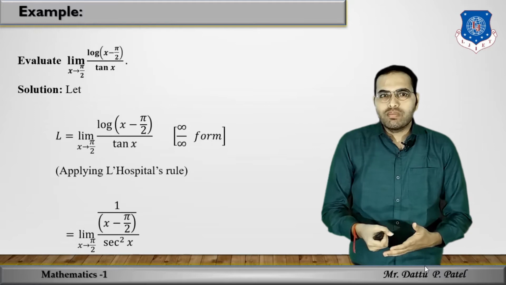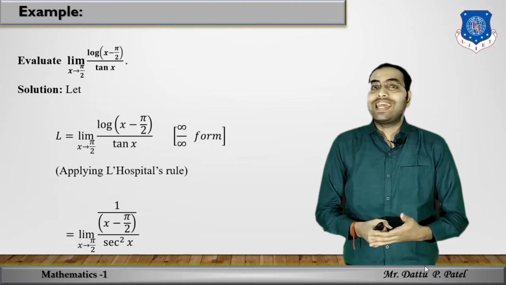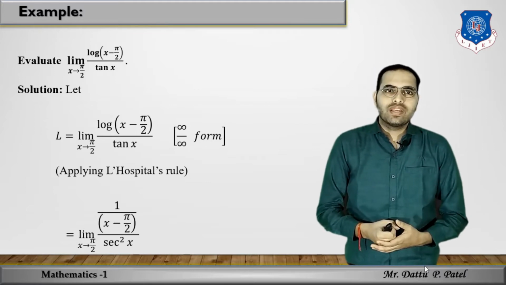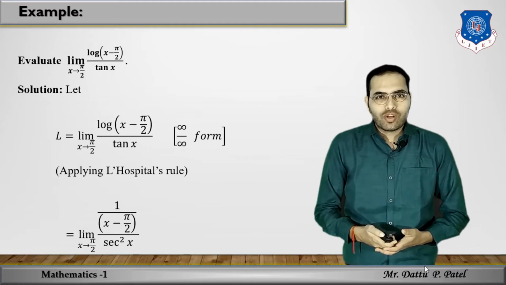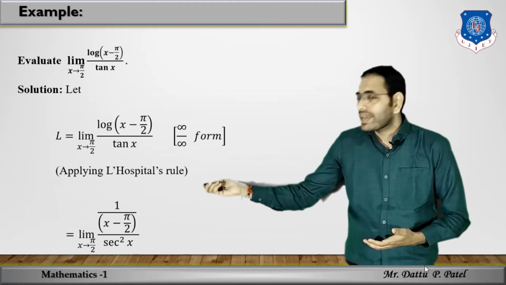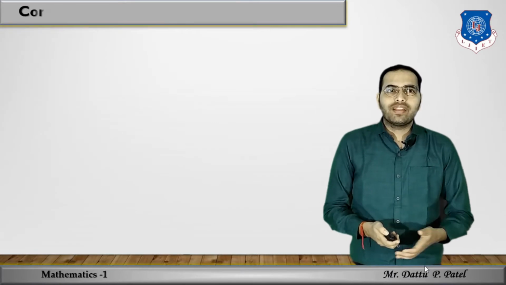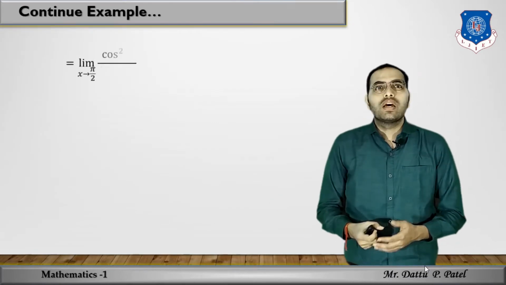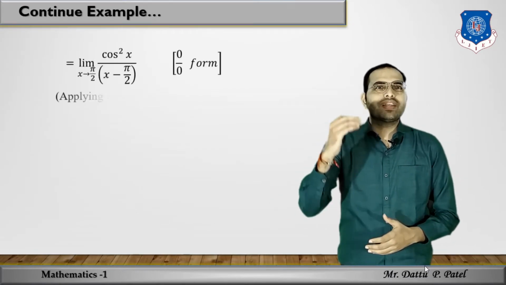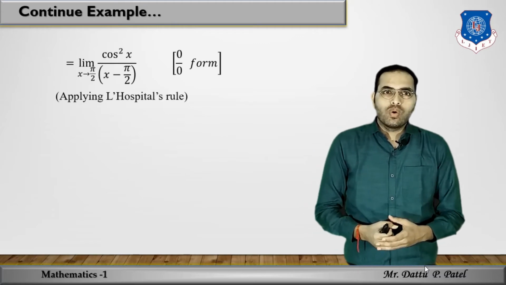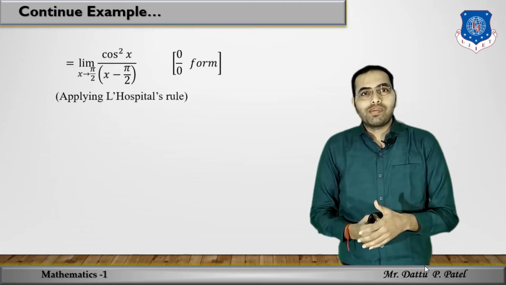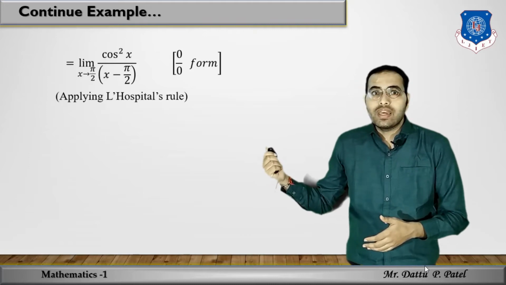Then it becomes limit x tends to pi by 2, derivative of log, that is 1 upon x minus pi by 2, divided by the derivative of tan, that is sec square x. Simplifying, it becomes limit x tends to pi by 2, cos square x upon x minus pi by 2. Now applying x as pi by 2, it is the 0 by 0 form.